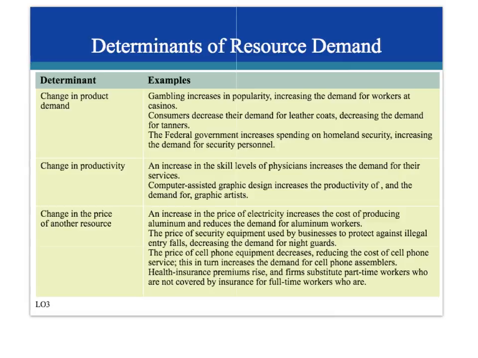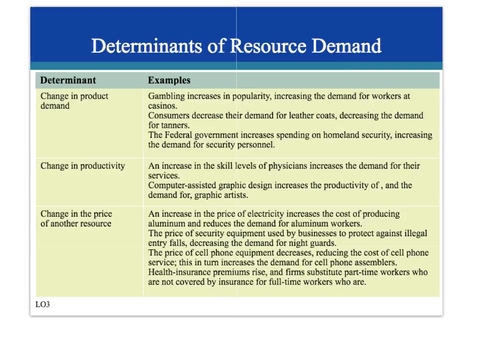So for example, if gambling becomes more popular, then more casinos may open and the demand for workers will increase for casinos. Consumers decrease their demand for leather coats, so the demand for tanners will also decrease. The federal government increases spending on homeland security, so therefore the demand for security personnel will increase.